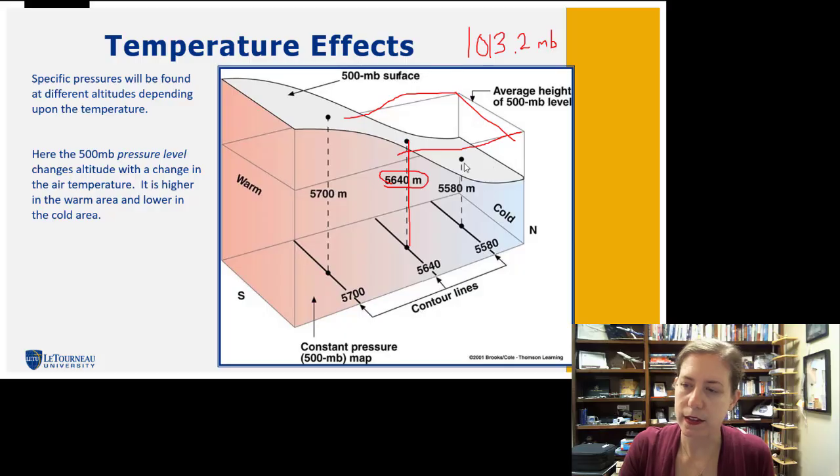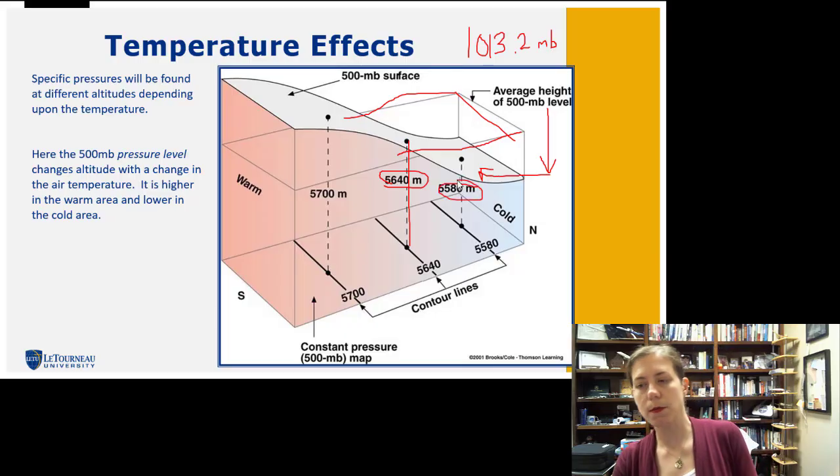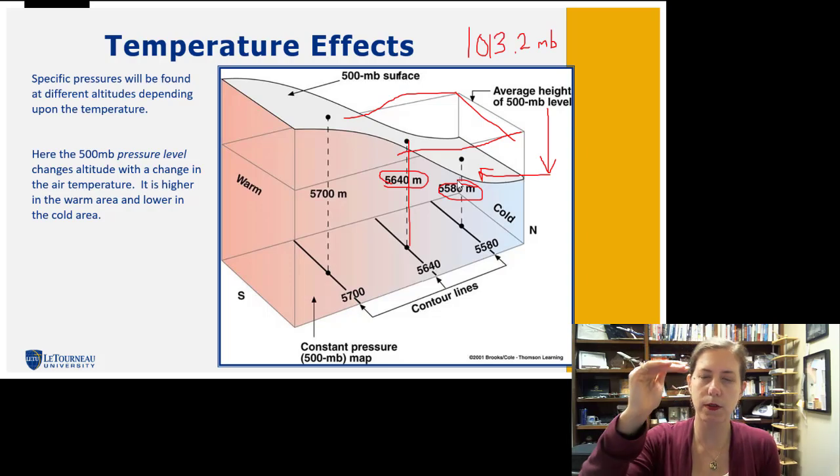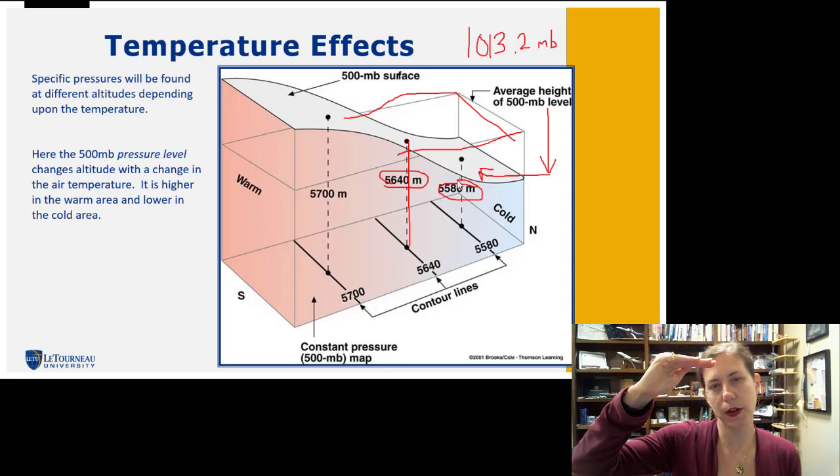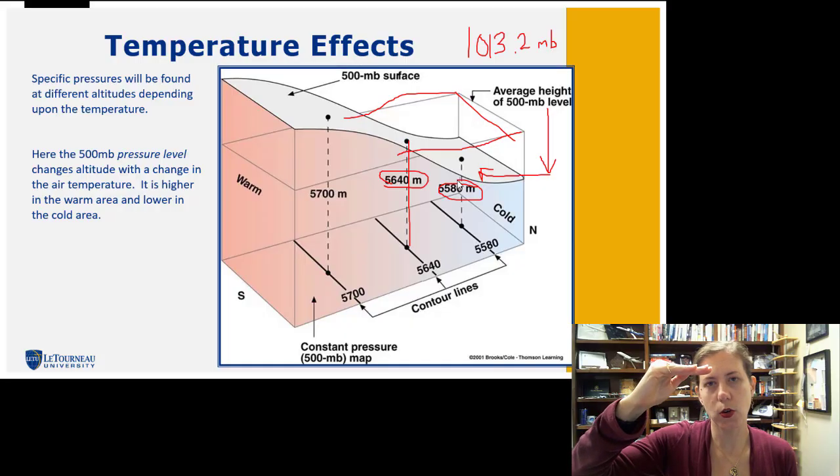And what we find is that the level where we would find the 500 millibar pressure level decreases. In this example picture, it's decreased down to the 5,580 meter mark. So the 500 millibar level, on a colder day, shrunk.